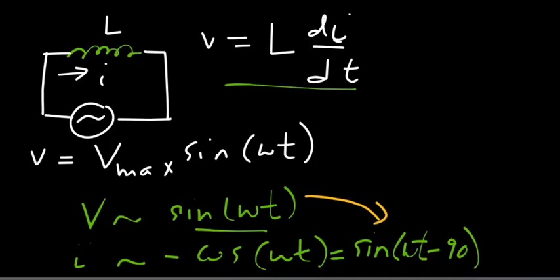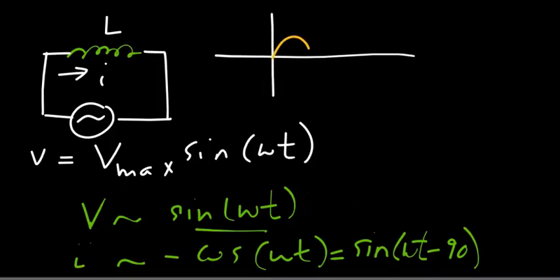By comparing these two expressions, we see the voltage leads the current in this case. So if voltage is represented by a sine graph like that, the current varies in the following manner. Like that.